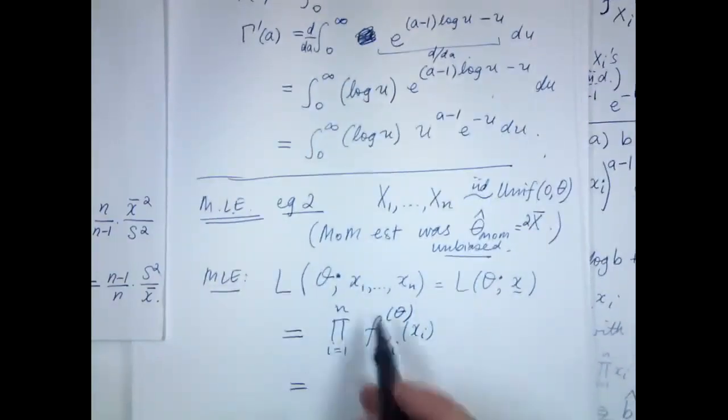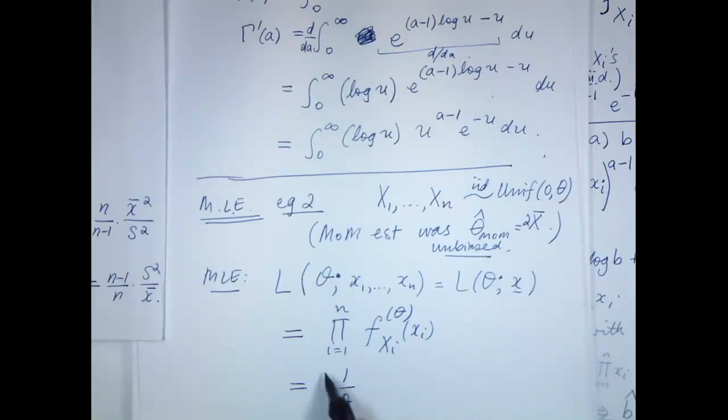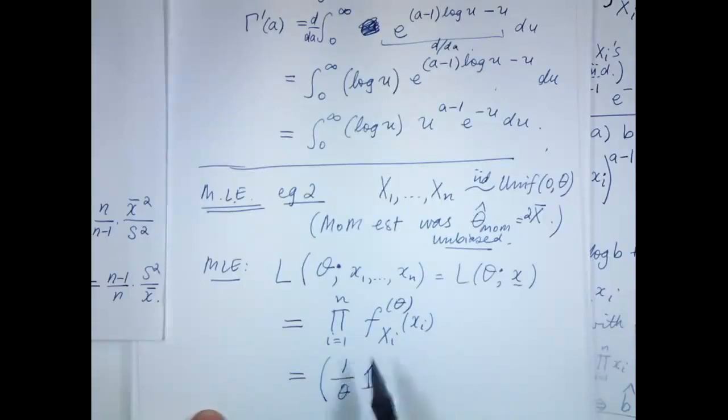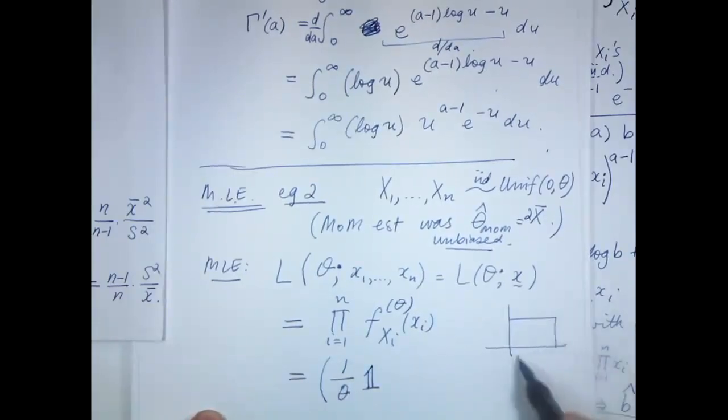Now we remember the density of a uniform is 1 over theta. That's quite easy. But let's be a bit more precise about it. It's 1 over theta times an indicator function. This indicator function is sometimes a very good way of expressing a limited range, because the density of a uniform from 0 to theta is not constant on the whole real line. It's only constant on the interval where it's allowed to lie.